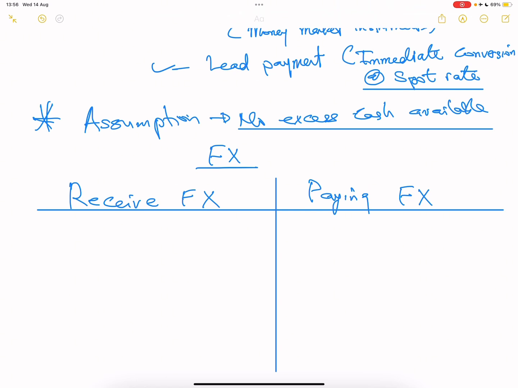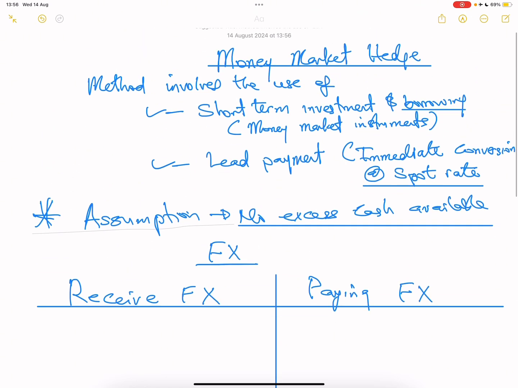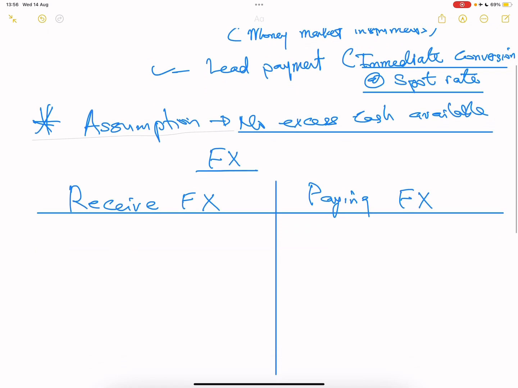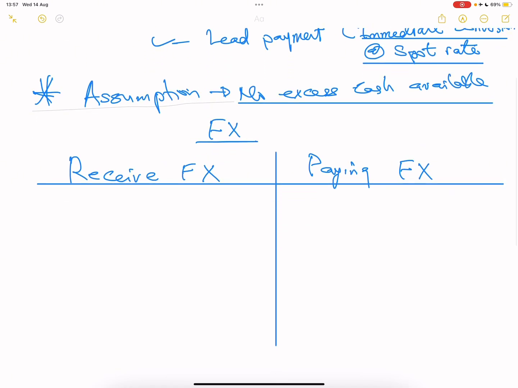Even if you are going to receive FX in the future, you want to make sure you do immediate conversion, using investment or borrowing and using money market instruments, such that your delay to receive this FX doesn't have any impact on you. And your paying of FX in the future also does not have any impact on you in terms of foreign exchange risk. So what are the steps?